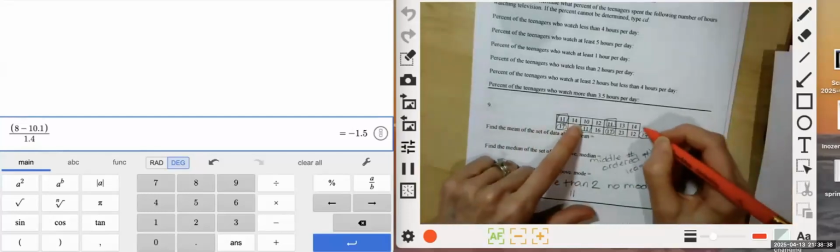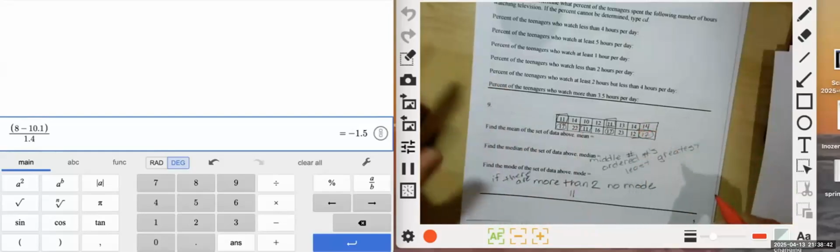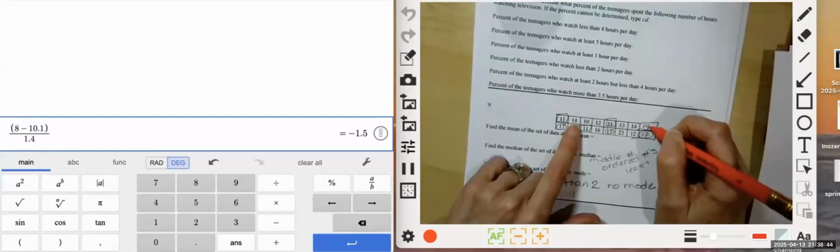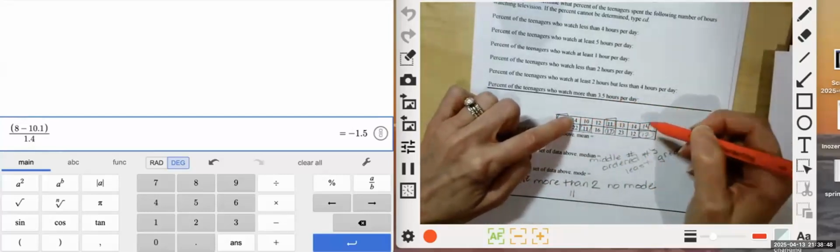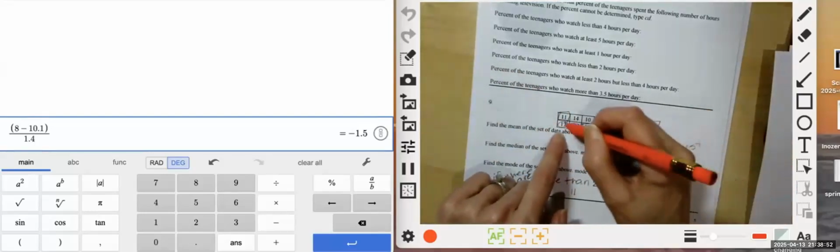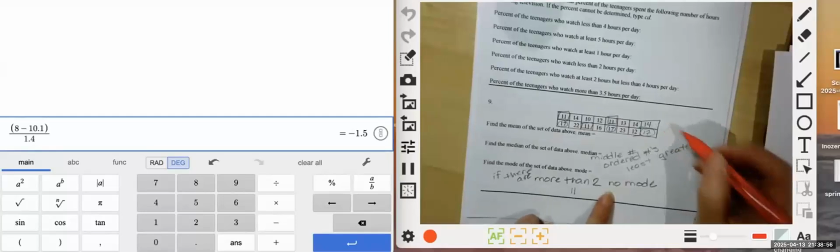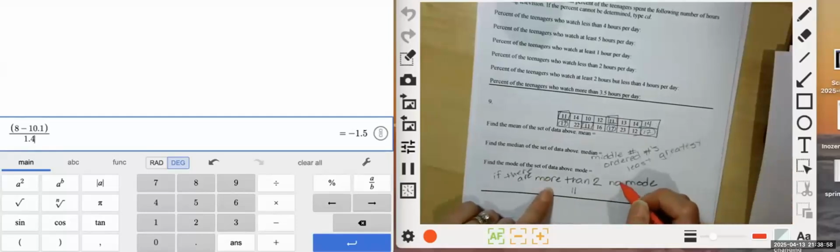But if the 14 also had 3 occurrences, so 11 has 3 occurrences, 14 has 3 occurrences, and the 17 has 3 occurrences, then there would be no mode. Because there are more than 2.